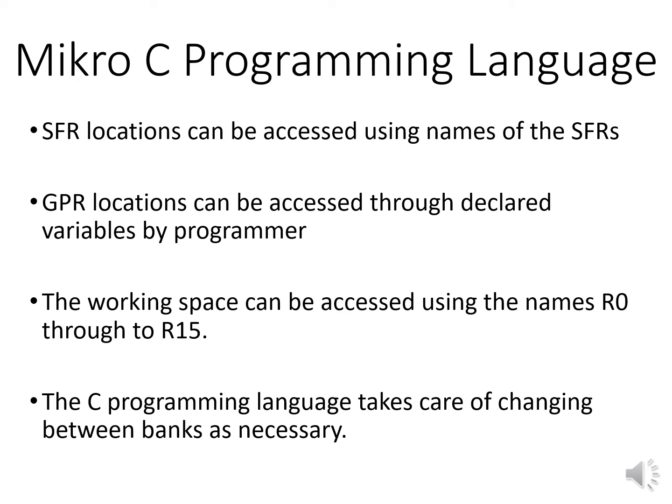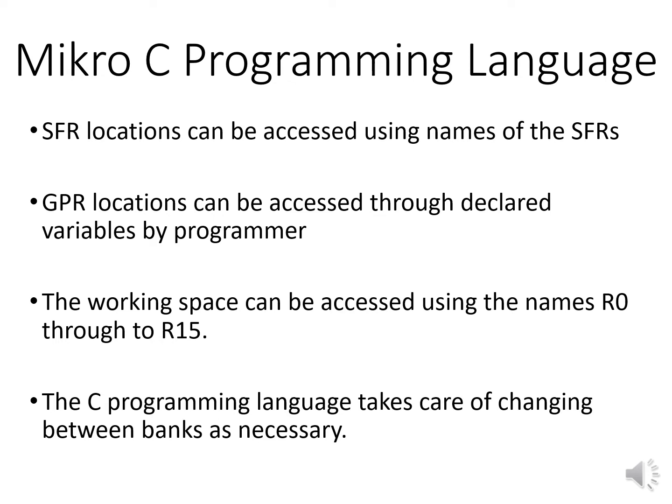SFR locations can be accessed using the names of the SFRs as the variables. These names are already defined in the Mikro C programming language as variables. Hence, you do not need to declare these names as variables before using them. GPR locations are accessed through variables that you would have declared as the programmer.